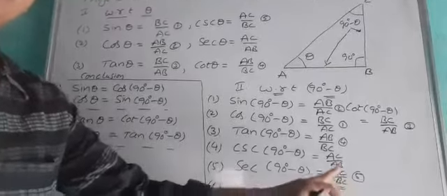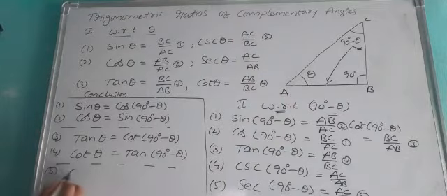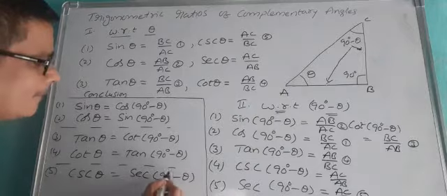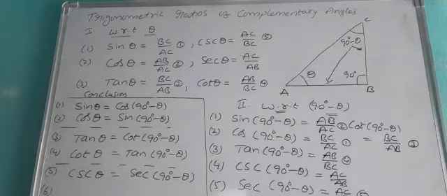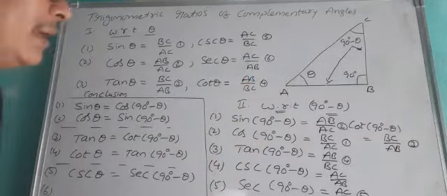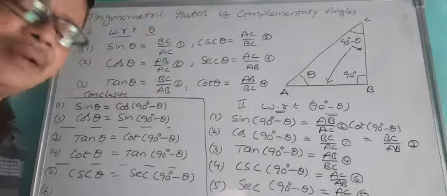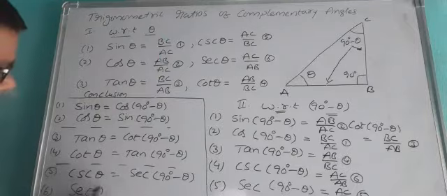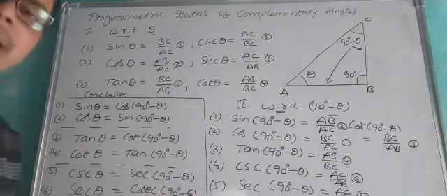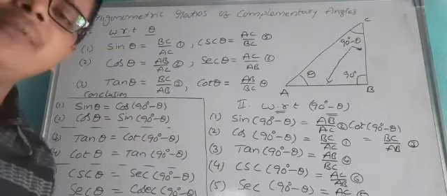And the last and final, sixth one: secant theta equals AC by AB, and cosecant 90 minus theta is also AC by AB. That means secant theta equals cosecant 90 minus theta. So this is the concept of trigonometric ratios of complementary angles.